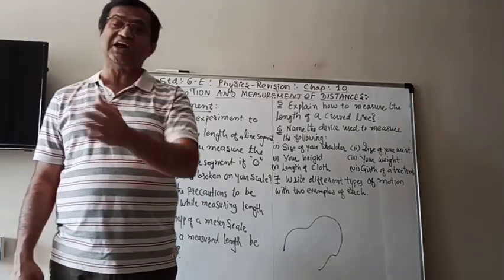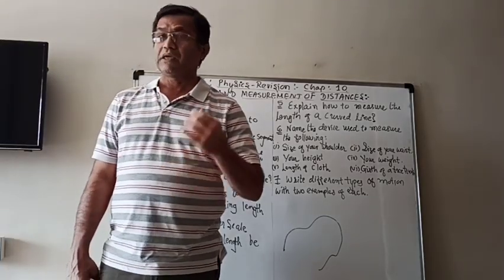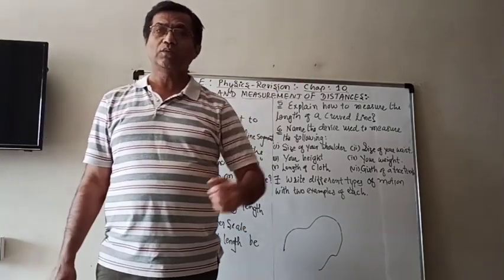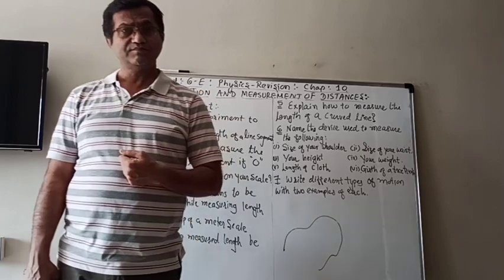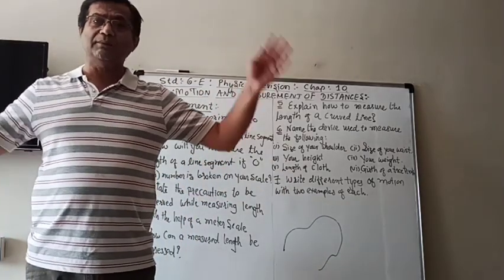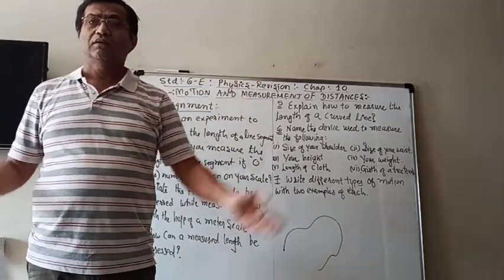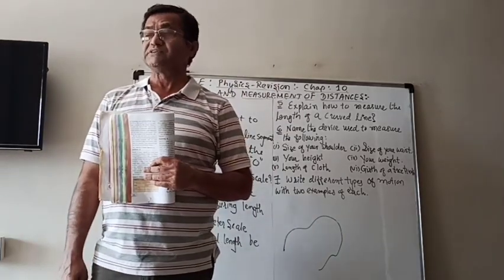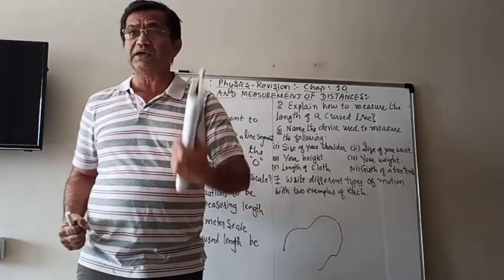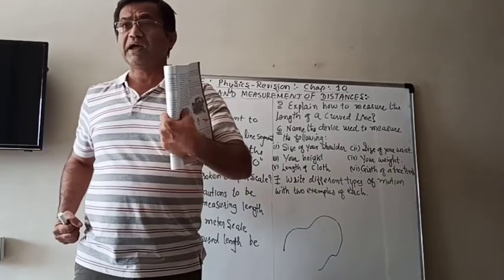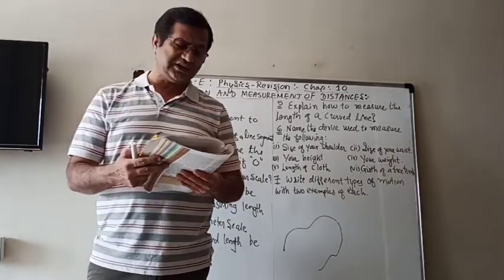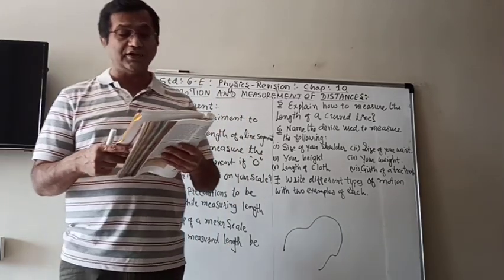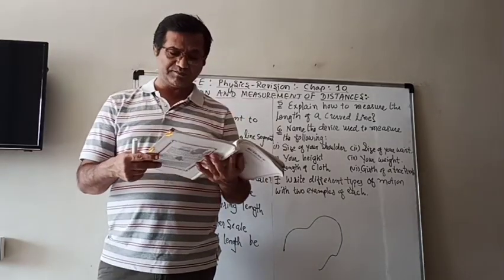For example, a child on a swing, the motion of a pendulum, the motion of a seesaw in the garden, etc. Similarly, when birds are flying, their wings are also doing oscillatory motion. Similarly, when a runner is running, you can see that the hands are also in oscillatory motion. Those are examples of oscillatory motion.